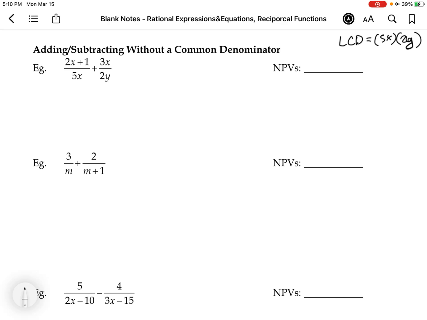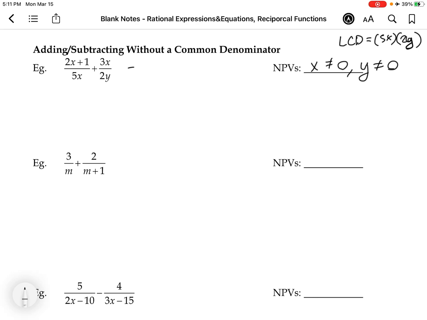And that's because they don't have any common factors. While you're doing your LCD, good time to do the non-permissibles, because this is essentially what your denominator is going to be. So here x cannot equal 0 and y cannot equal 0.